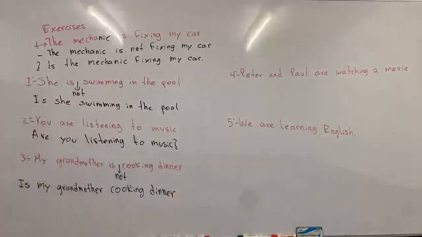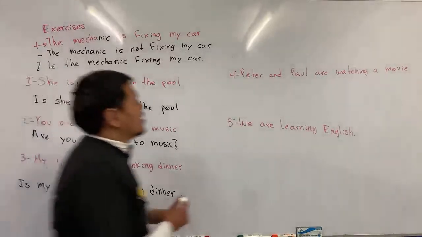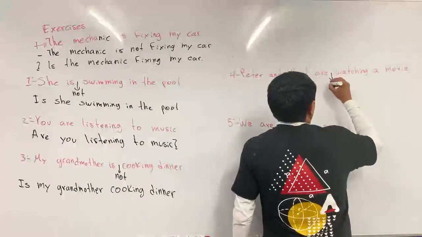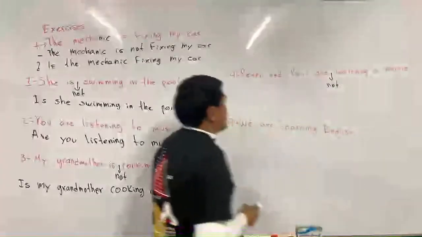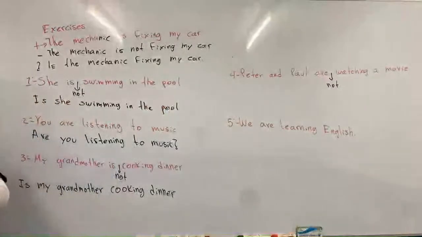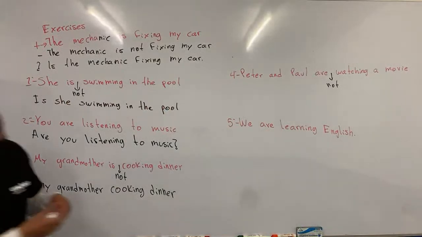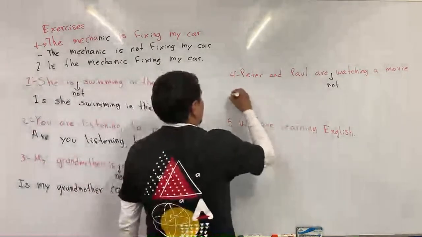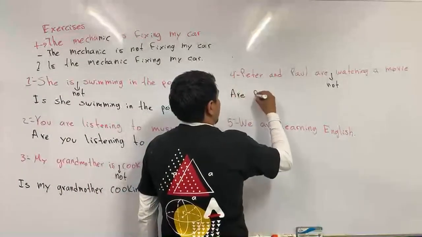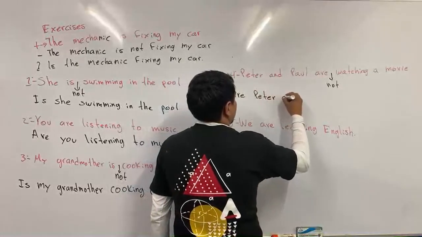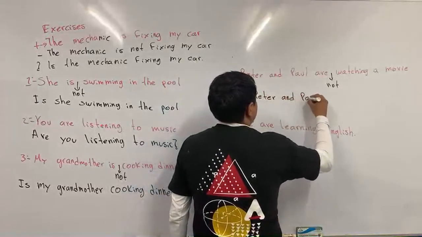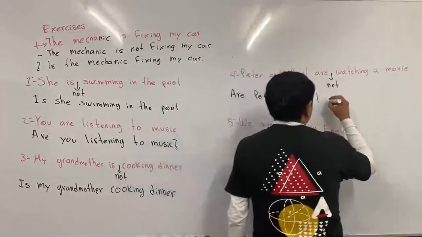Now, the fourth sentence, Peter and Paul are watching a movie. For negative, Peter and Paul are not watching a movie. For interrogative questions, are Peter and Paul watching a movie?